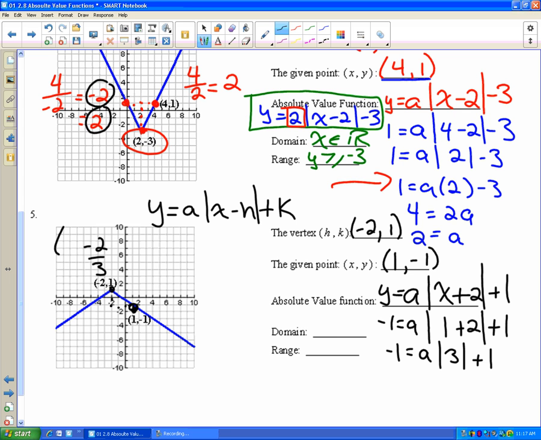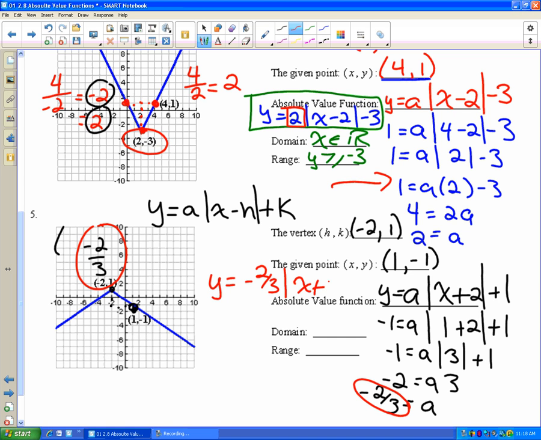Subtract 1 from both sides. Negative 2 is equal to a times the absolute value of 3, which is 3. Divide both sides by 3, so a is equal to negative 2/3. If I did it the other way, I still came up with the same a. Y is equal to negative 2/3 times the absolute value of x plus 2, plus 1.